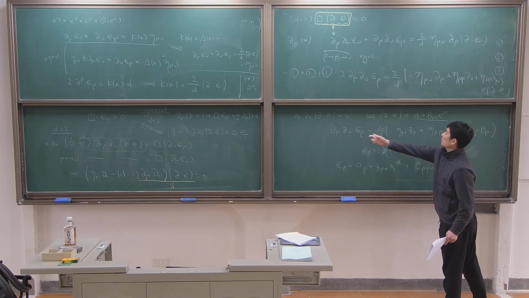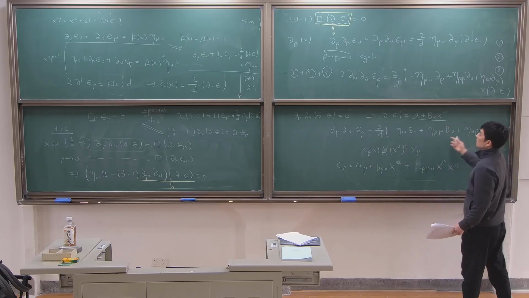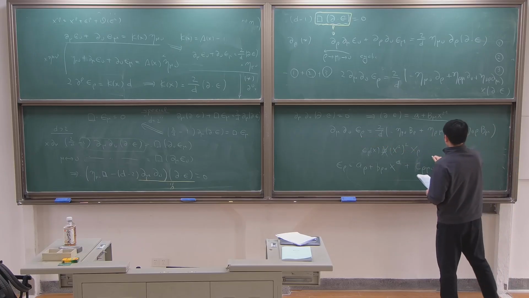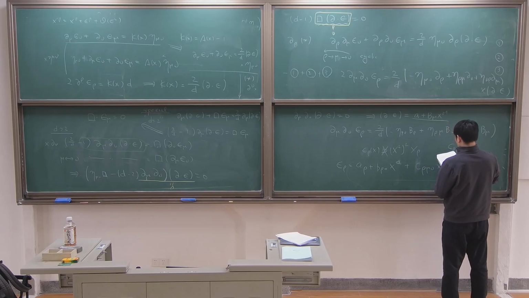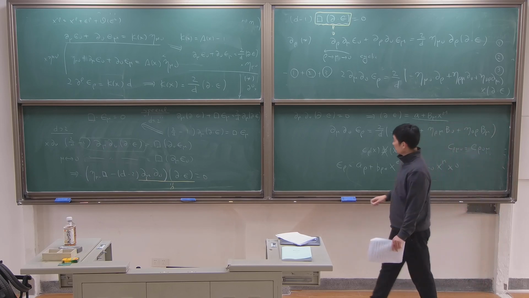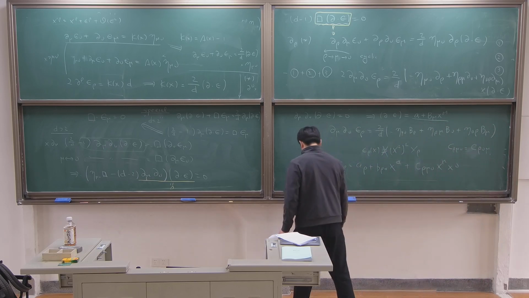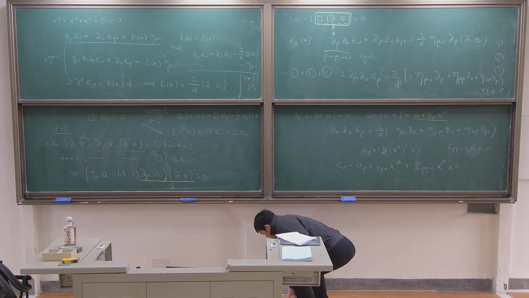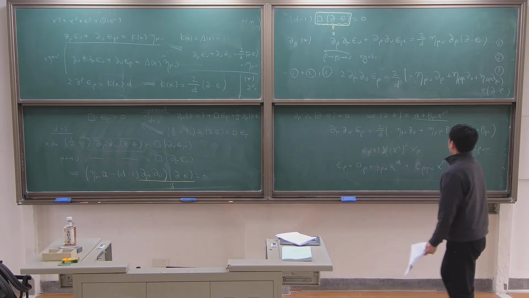So if you plug this one into here and just look at the symmetry of this one, this has to satisfy the following thing: C_{rho mu nu}.